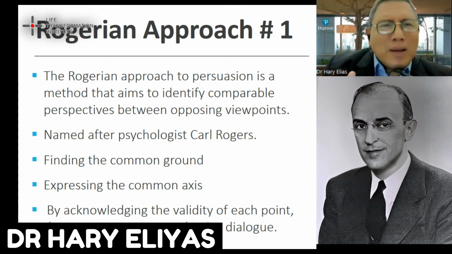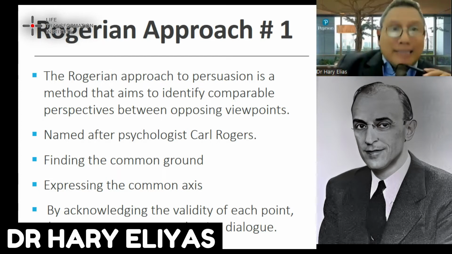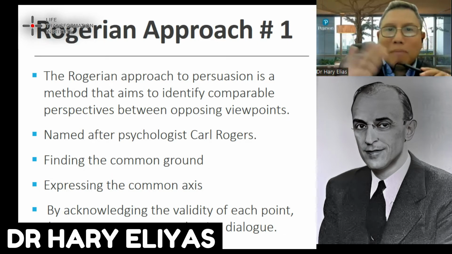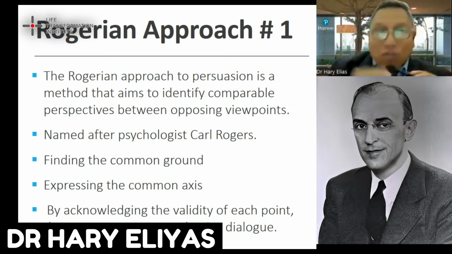Ayo kita bekerja sama. And this Rogerian approach is very, very helpful when you have equal parties. Kalau parti A sama parti B itu equal bargaining power, the Rogerian approach is very, very effective.